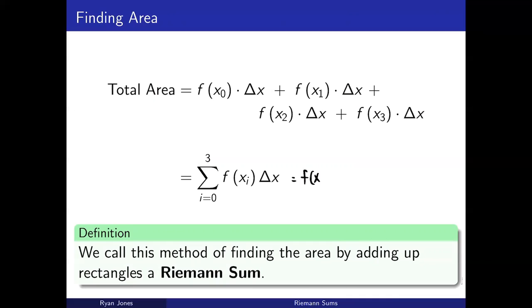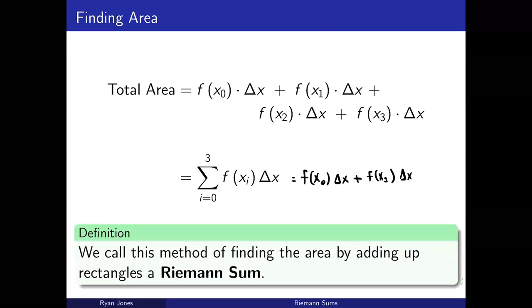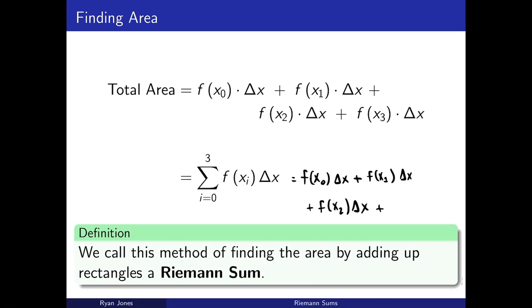f of x1. Well, we have i, but I'm going to start i at 0, times delta x. Then I'm going to add my next term, where now i is equal to 1, so f of x1 times delta x again. Plus, I'm adding again, because it's a sigma, it's summation notation. So then I'm going to add i is now 2, and then I'm going to add f of i is now 3. And you'll notice that what I've written here in the dark black is the same as what's already typed onto the slide.